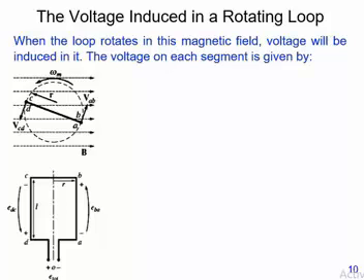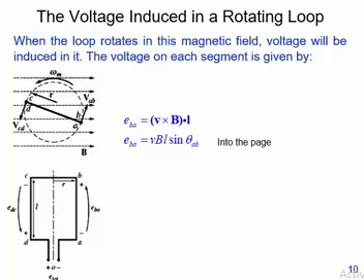Now we will see this mechanism in detail. When the loop rotates in this magnetic field, a voltage will be induced in it. Now we calculate the voltage on each segment of the loop and then add them up to find the total voltage induced. The first segment which we consider is the AB segment of the loop.